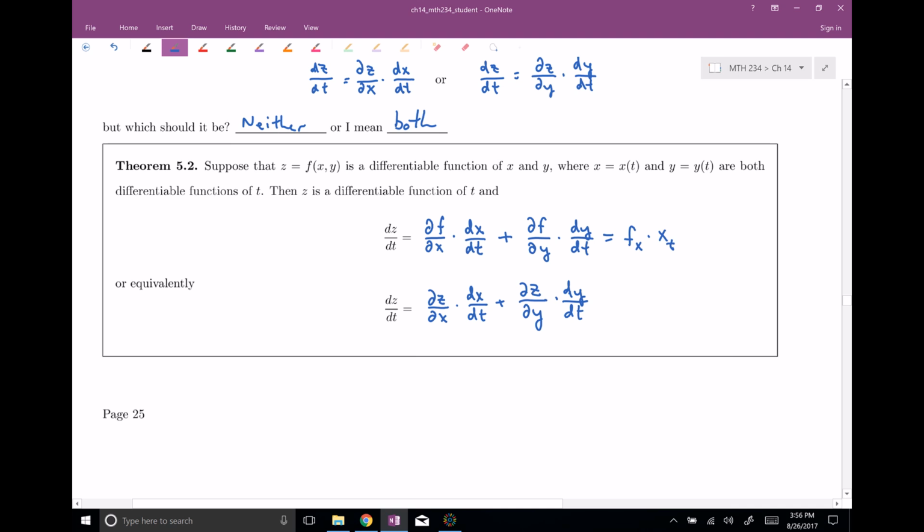So x sub t, plus f sub y, the derivative of f with respect to y, times the derivative of y with respect to t. So this would be the subscript notation. You can use this if you would prefer. Okay, so there's the theorem. That's how we calculate a more complicated chain rule for surfaces.